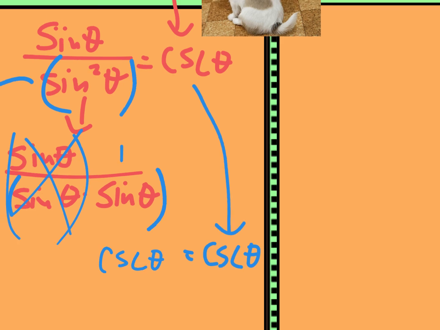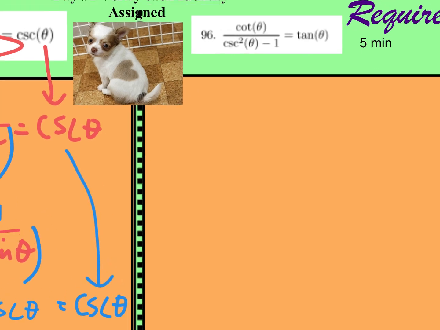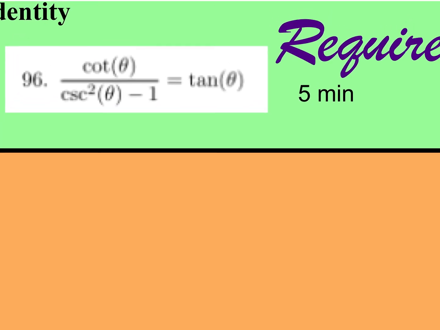Now, there's some people that like puzzles and some people don't like puzzles. But if you're going to get a good grade in this test, you're going to have to figure out some puzzles. All right. Jack, which side should I manipulate? The left side. Why? Because there's more stuff. Good.